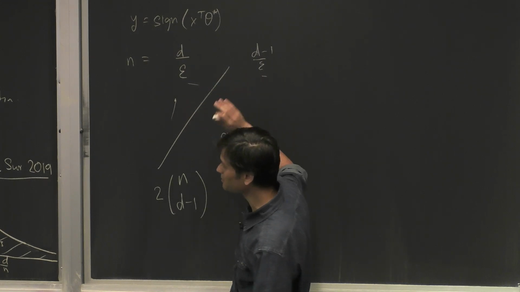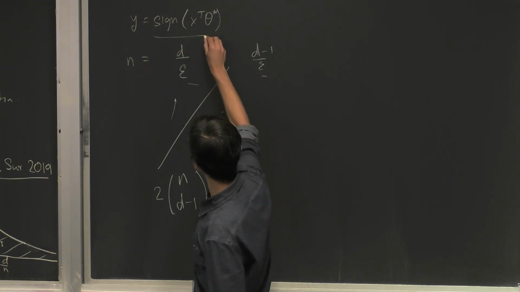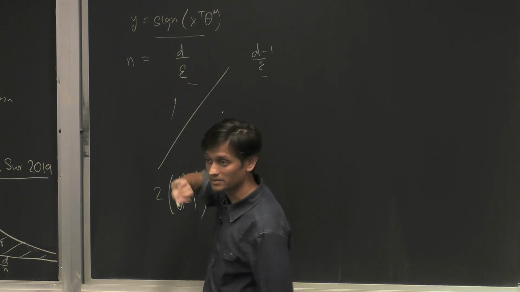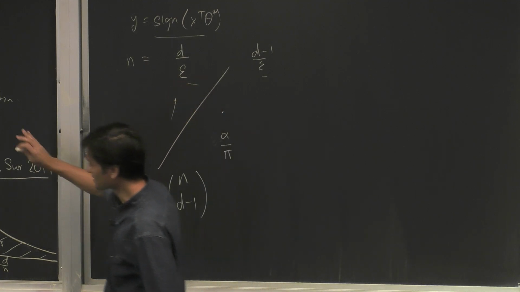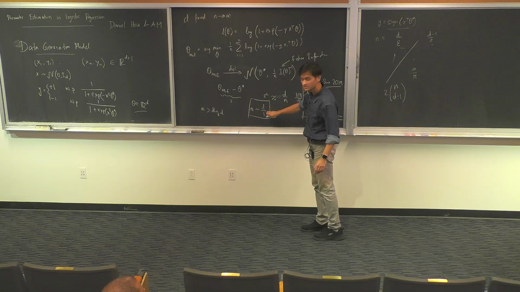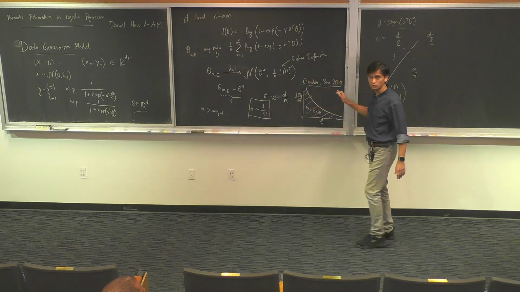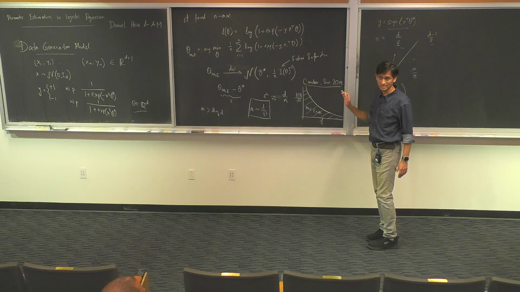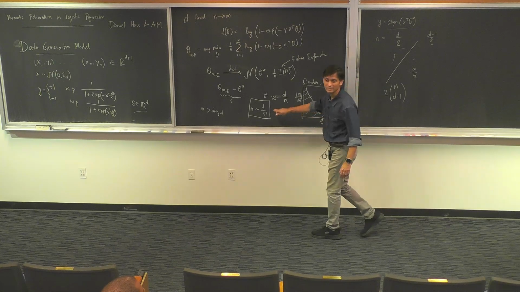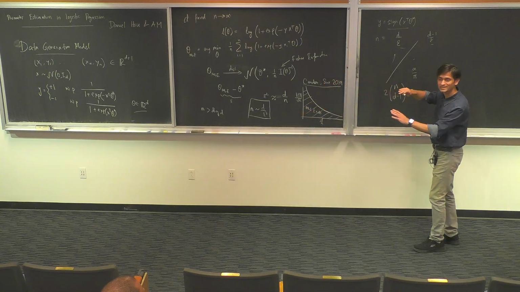So the bottom line is, for this case, we know exactly that this is d over epsilon, whereas in classical statistics, we know that this is d over epsilon square. So something is going on with the norm of theta: when it is small, it's one thing, and when it is big, it is another.